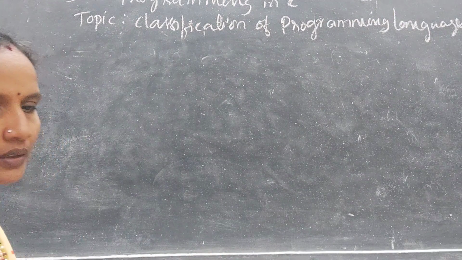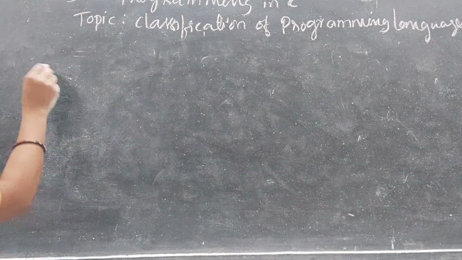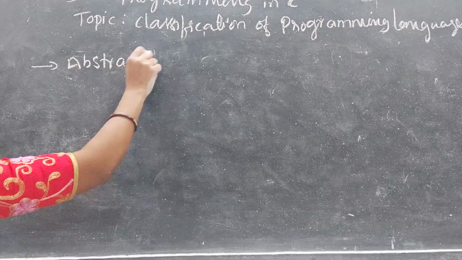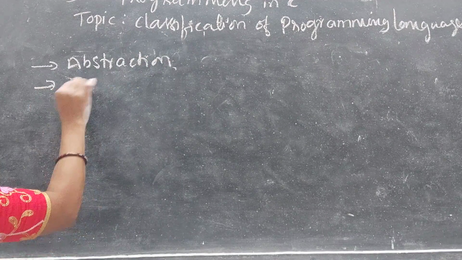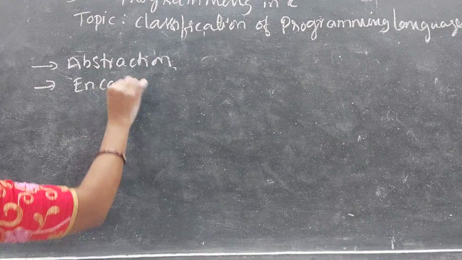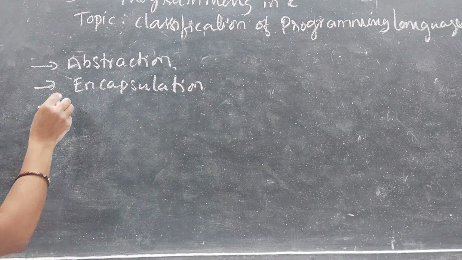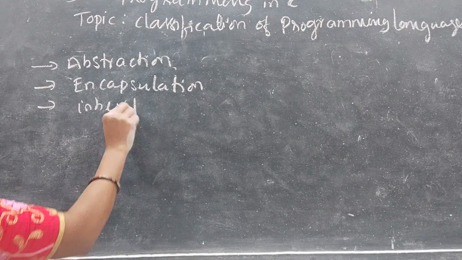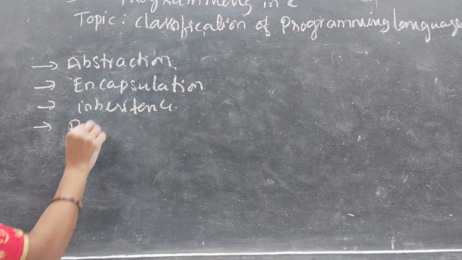Now we'll discuss the characteristics of object oriented programming, meaning what advantages you have using this. Okay, first one is abstraction, and the second one is encapsulation, and the third one is inheritance, and the fourth one is reusable code.